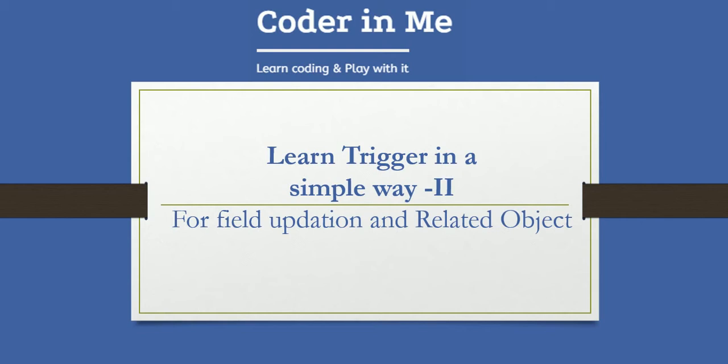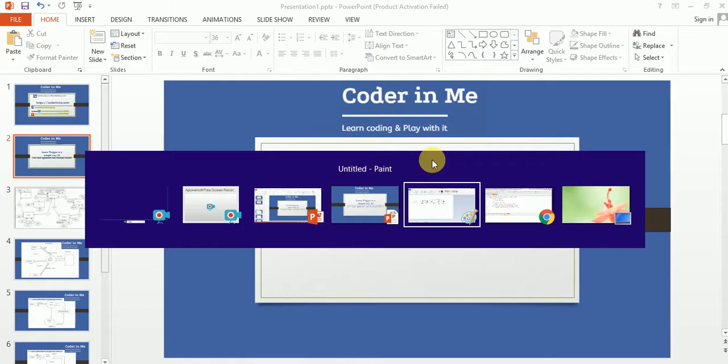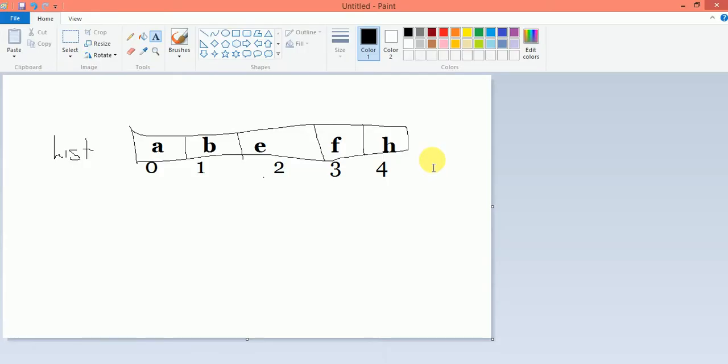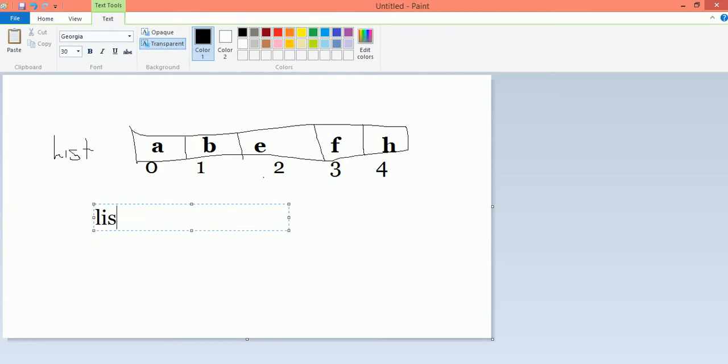First of all, we want to know about a list. Suppose this is a list of size 5. In Salesforce we just have to write List and then the type.